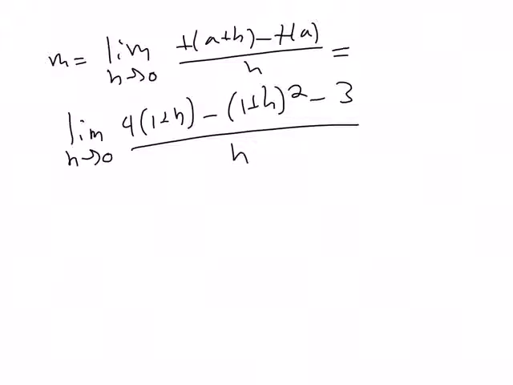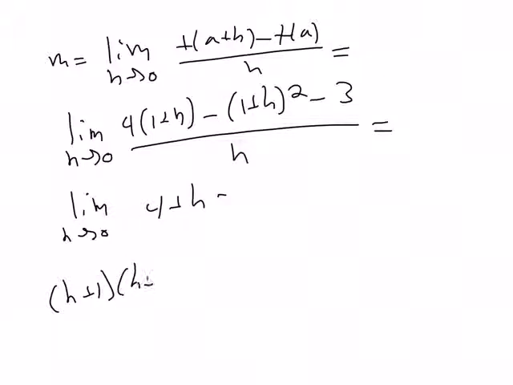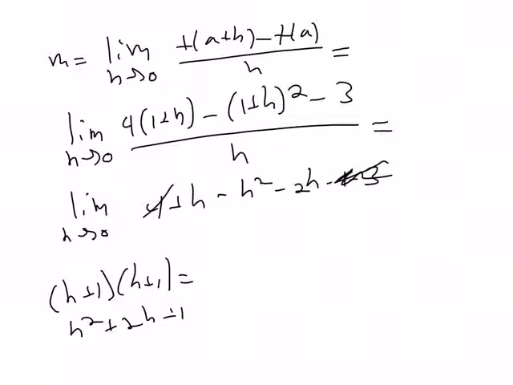So this becomes 4 plus h minus, then we have h plus 1 times h plus 1, which is h squared plus 2h plus 1. So it becomes minus h squared minus 2h minus 1 minus 3. So 4 minus 1 minus 3, so we can get rid of that.